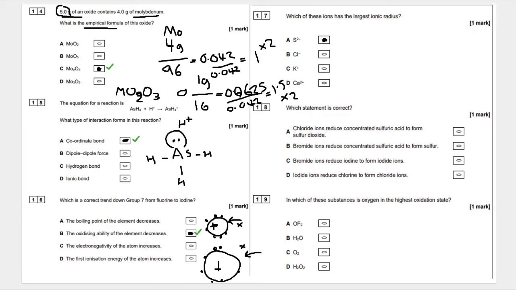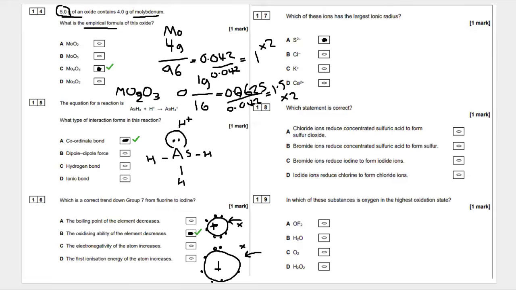Over here, we just discussed what happens to the oxidizing ability. We know that the ability to oxidize something, the ability to steal electrons, decreases down the group. But the reducing ability of the halide ions actually increases down the group.